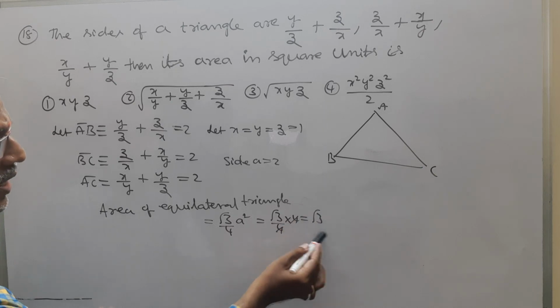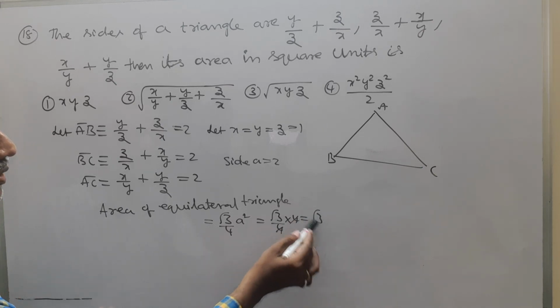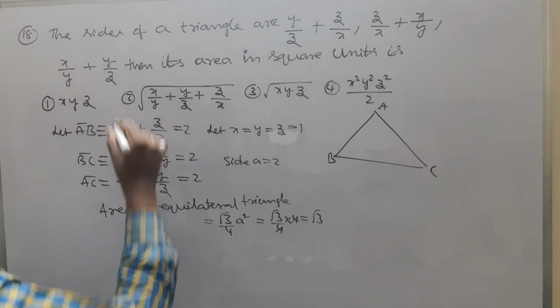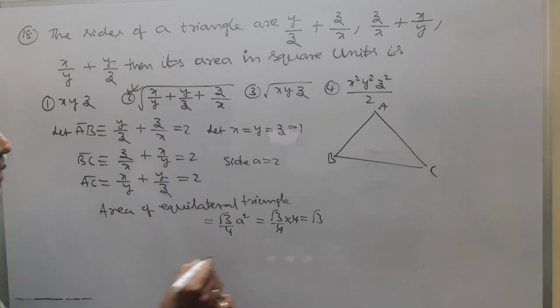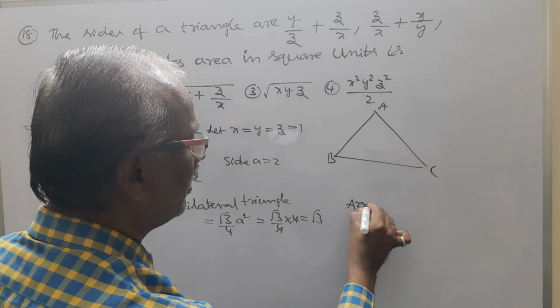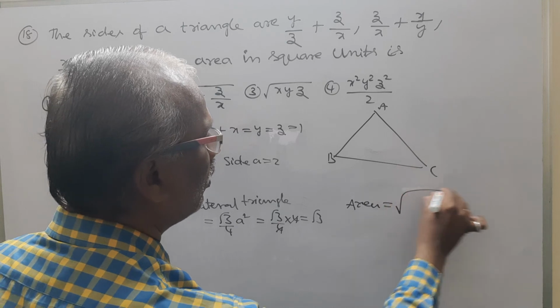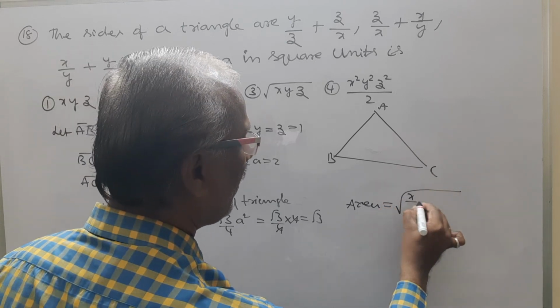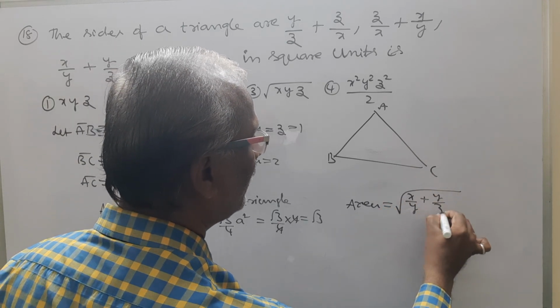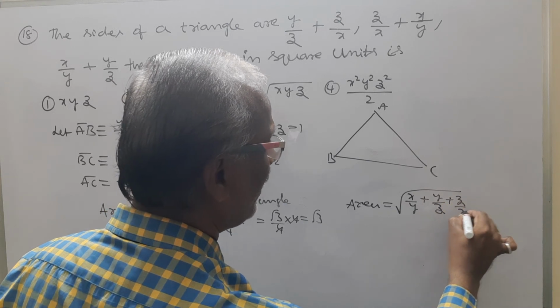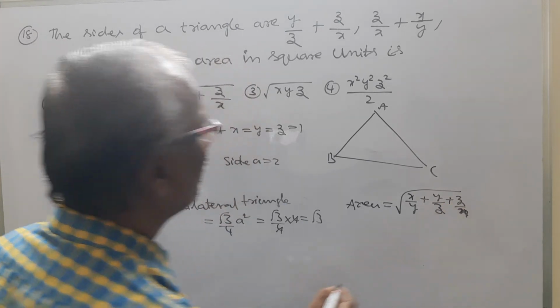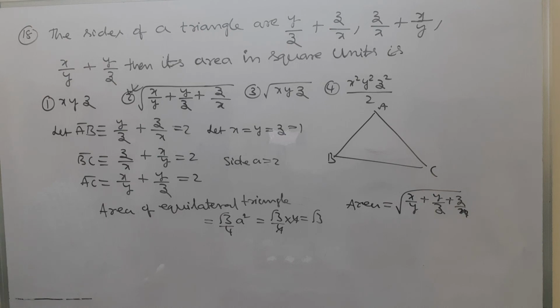Here the area of the equilateral triangle is root 3, so the satisfied option is 2. Then the area is root of x by y plus y by z plus z by x. This is the problem solved by the option verification method.